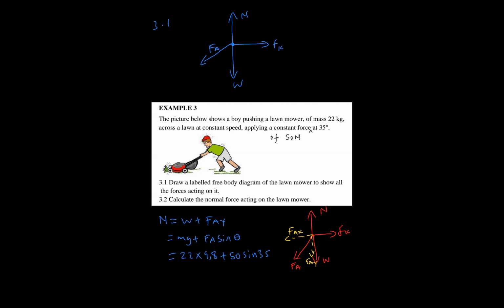So let us press our calculator and see what we'll have. 22 multiplied by 9,8 is 215,6. Then we add 50 sine of 35.